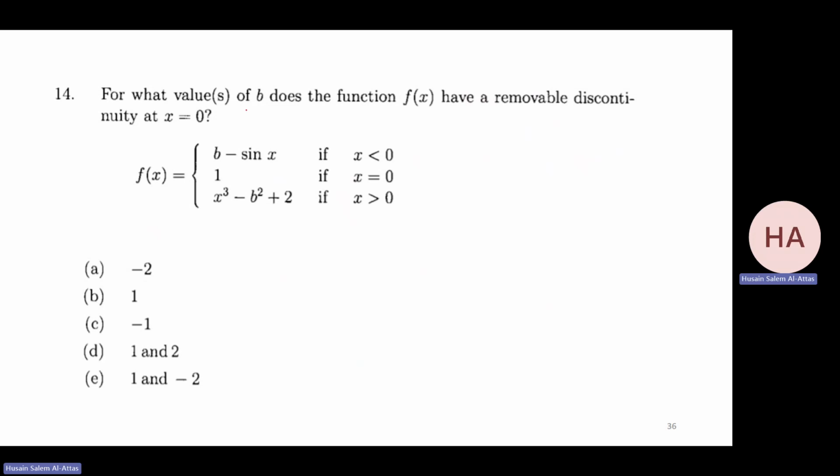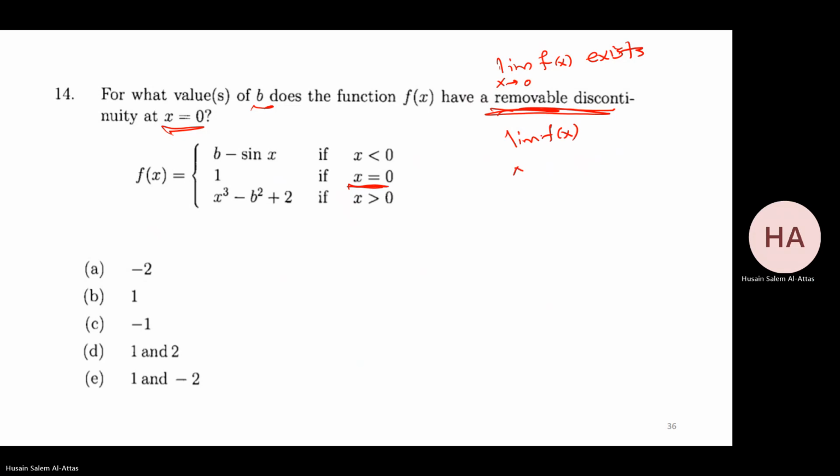For what values of b does the function have a removable discontinuity at x equals 0? Removable means the limit exists. This is one thing. Also, f at 0 is defined. So for sure, if it is not a discontinuity at x equals 0.